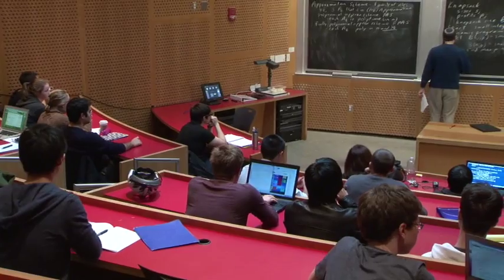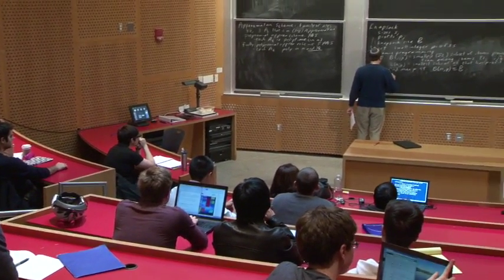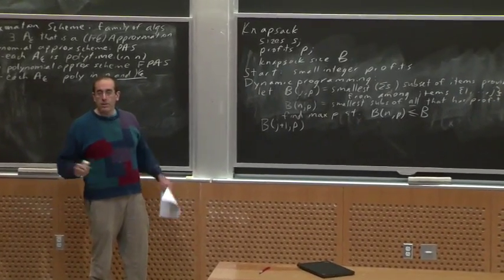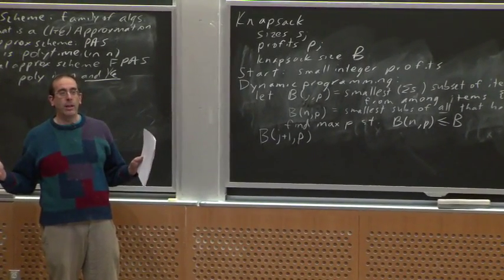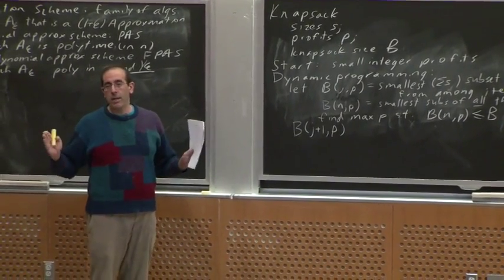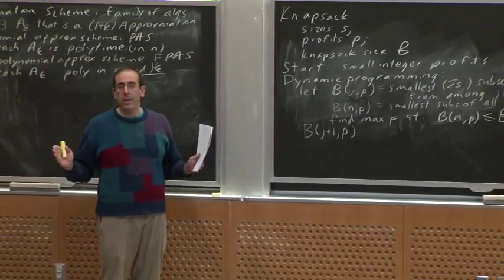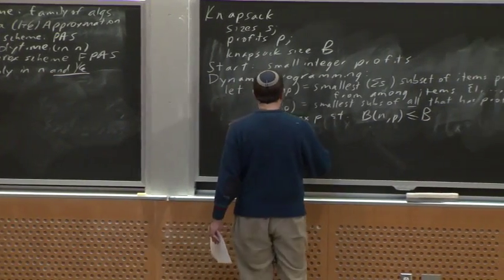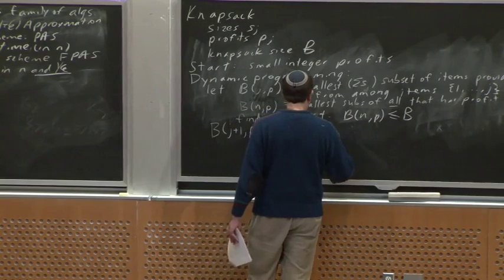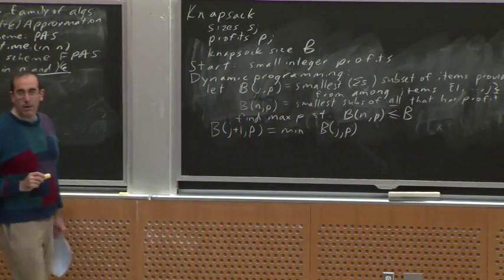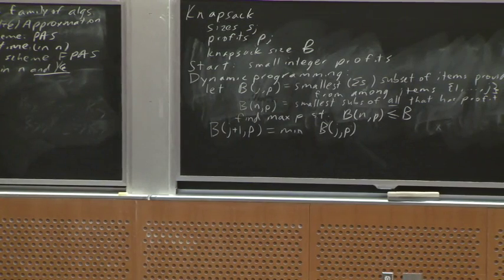Good. So the key argument is that if we're trying to figure out the optimum subset that uses the items from 1 through j+1, well, there are two choices. Either that optimum subset uses item j+1, or it does not, right? Now, if it does not use item j+1, then it's going to be the same subset that achieves profit P using just the items from 1 through j, right?